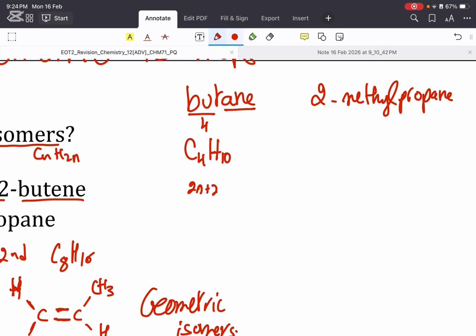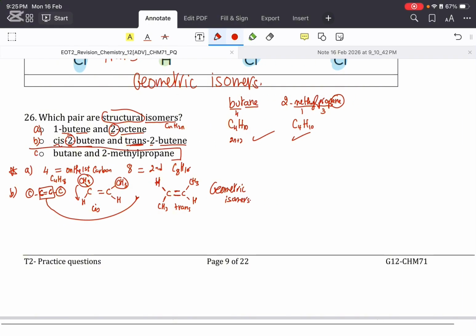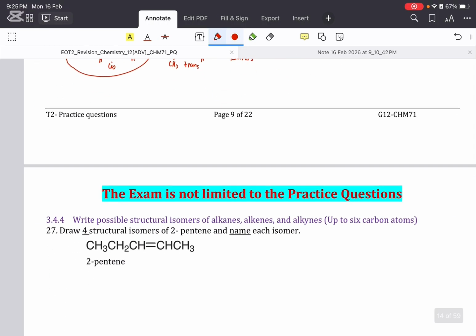Now 2-methylpropane. Propane has 3 carbons and methyl is 1 carbon located on the second. So basically we are dealing with 4 carbons and it's an alkane. So CnH2n plus 2. So 4 times 2 plus 2, that's a 10. So these two are structural isomers.